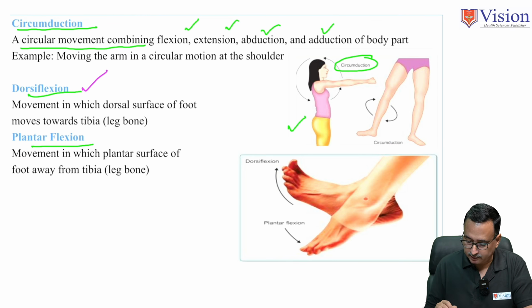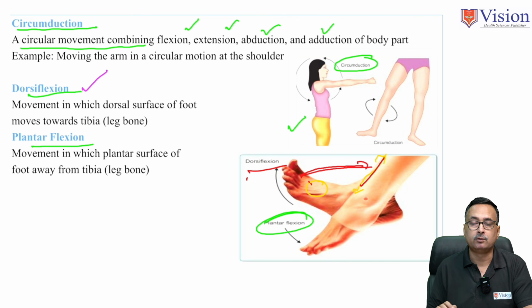For example, in this diagram, here in this movement, this is the shin bone or tibia, this is the dorsal surface. During the movement, the dorsal surface comes closer to the tibia. Now this is dorsiflexion. Plantar flexion is the movement of the foot when the foot moves away from the shin bone and the plantar surface faces the horizontal surface.